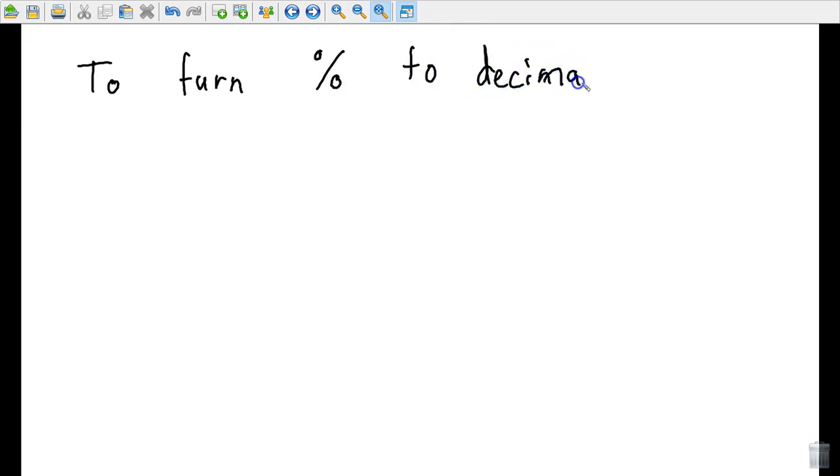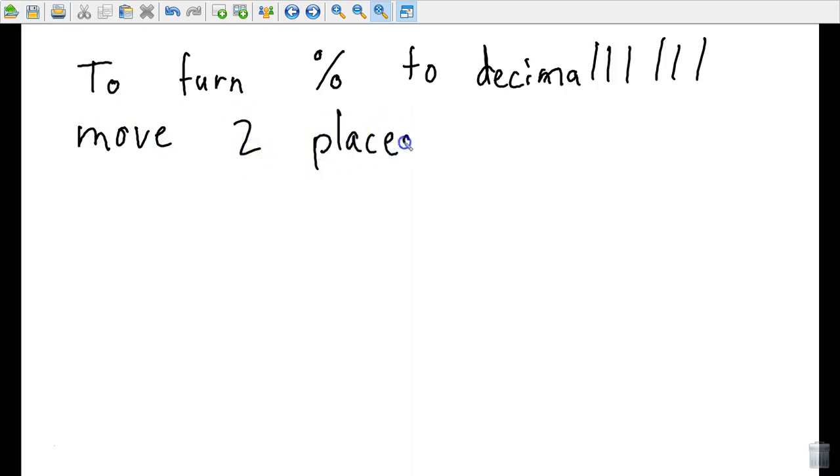To turn a percent to a decimal, move 2 places to the left, okay?